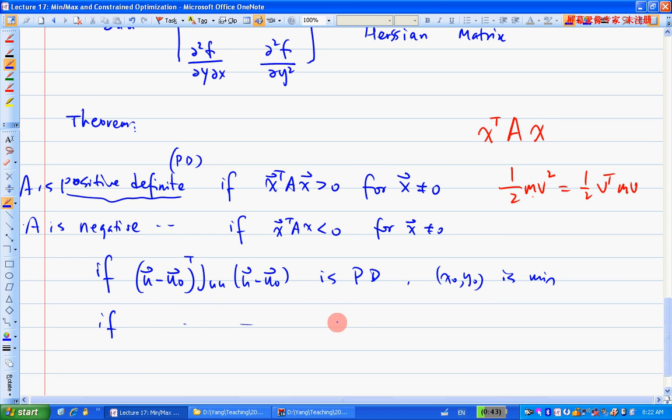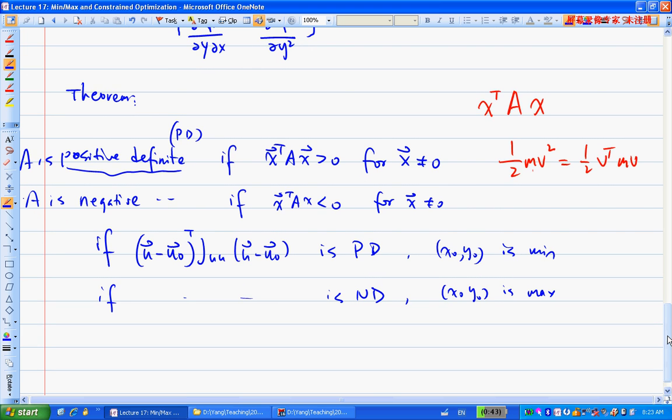And if this thing is negative definite, then this (x0, y0) is a maximum location. If it is indefinite, then we can't determine that. We have to do a higher test.